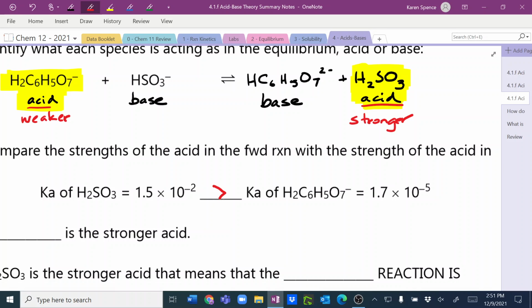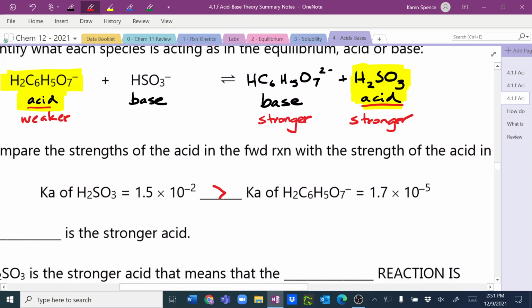Tell your partner, who is the stronger base? And you don't need to look anything up, you just have to look at this equation. Yeah, this is our stronger base.